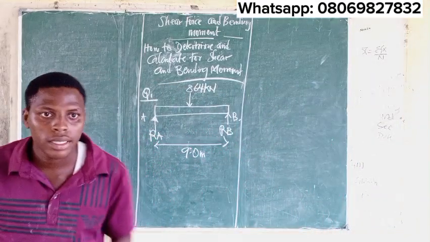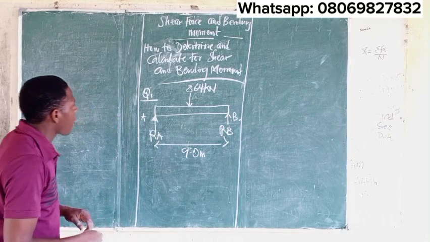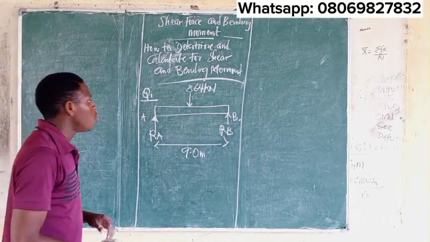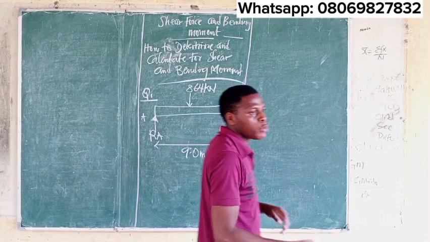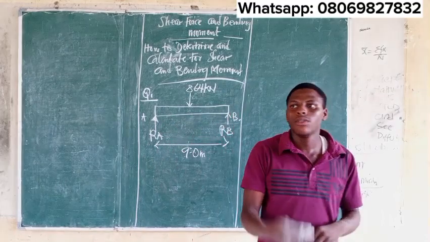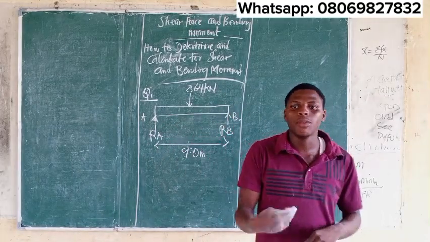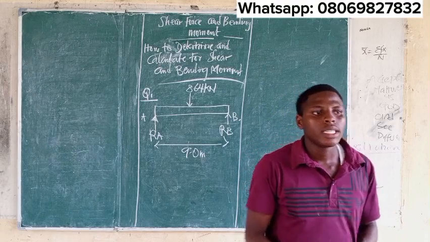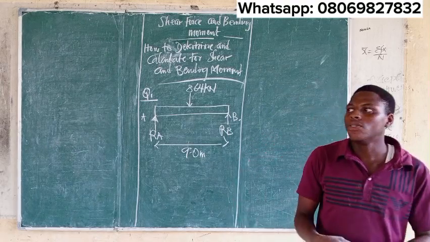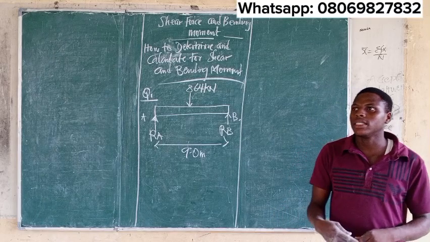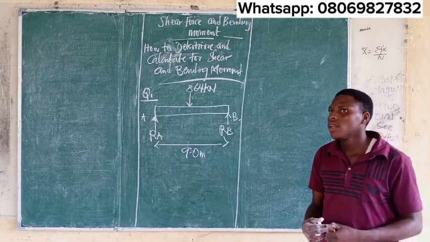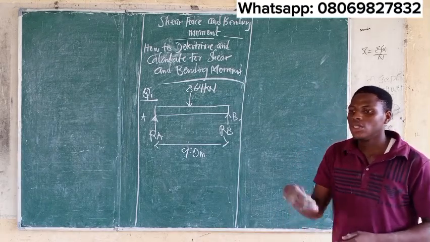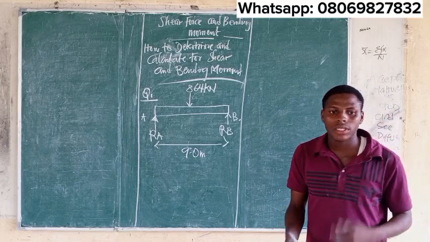Now to do that, the first thing you do, take down steps in calculating for your shear force and bending moment diagram. Now the first step is choose a reference point.